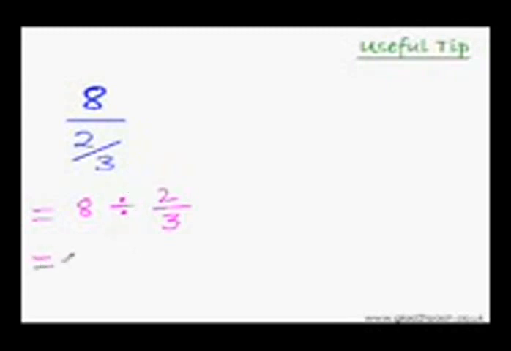So we can write 8 multiplied by the inverse of 2 by 3, that is 3 by 2. Now this can be simplified further. 2 4 times is 8 and 4 times 3 is 12. So that means this whole thing is nothing but 12.